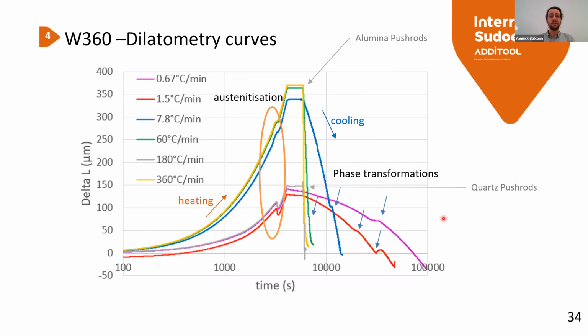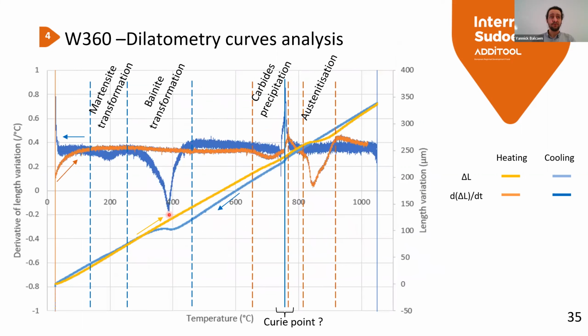So with the derivative of this information, we can better achieve understanding of different length variation anomalies. So we can propose induced metallurgical transformation in this temperature range.